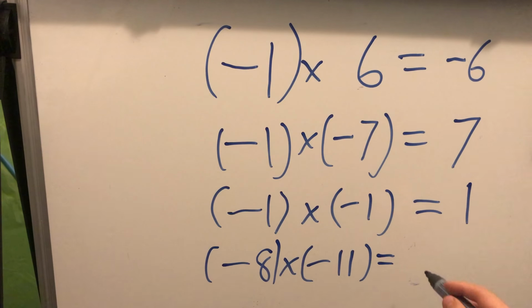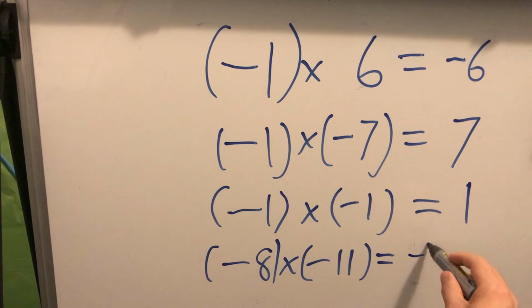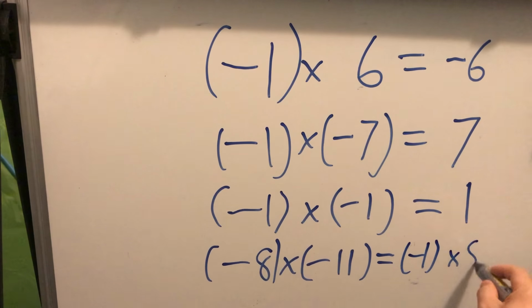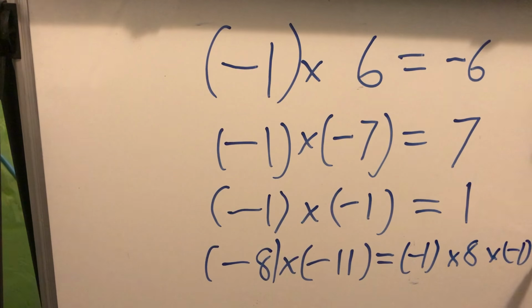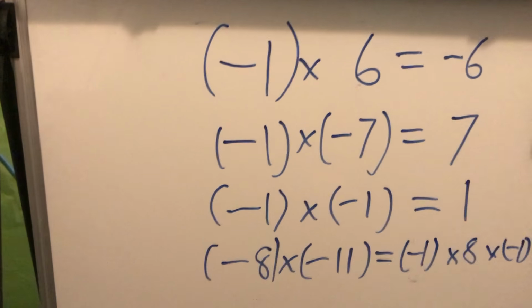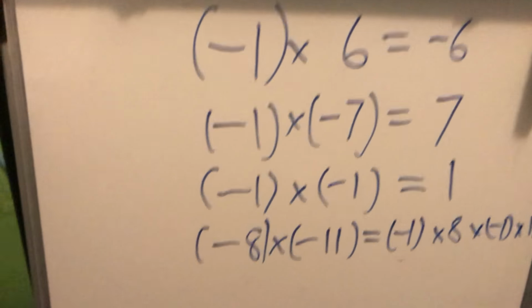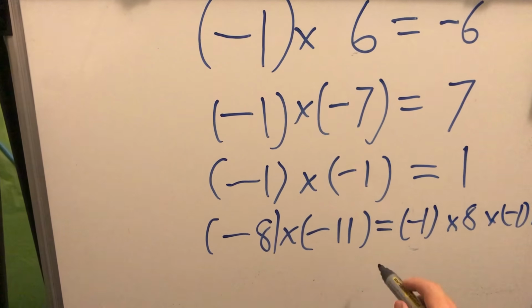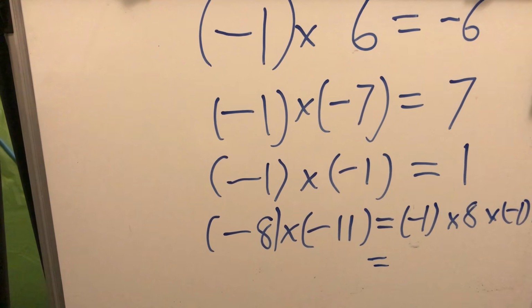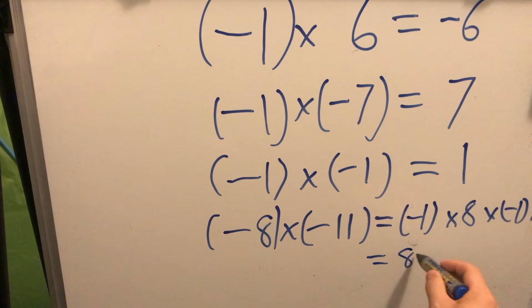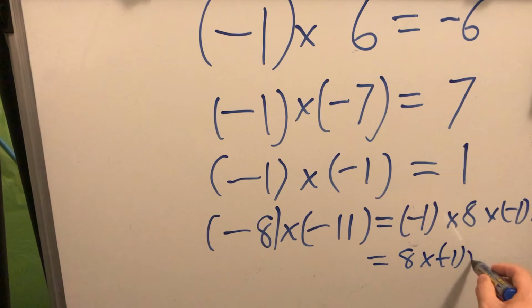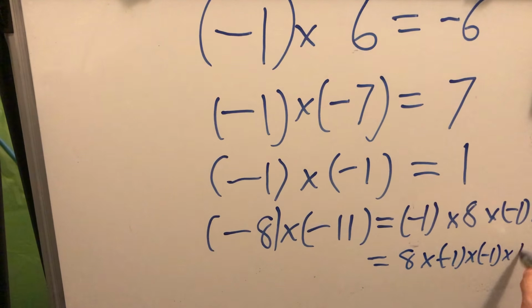So you could think of this as minus 1 times 8 times minus 1 times 11. And then, if we're allowed to swap these two numbers, then it would be 8 times minus 1 times minus 1 times 11. And then we said minus 1 times minus 1 was equal to 1.